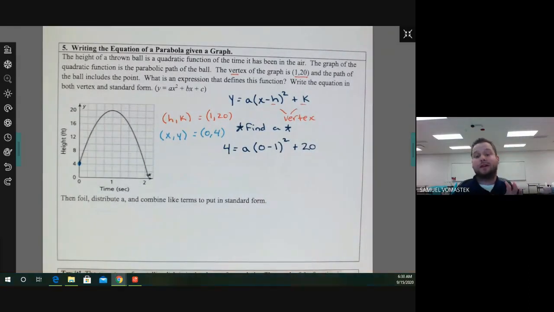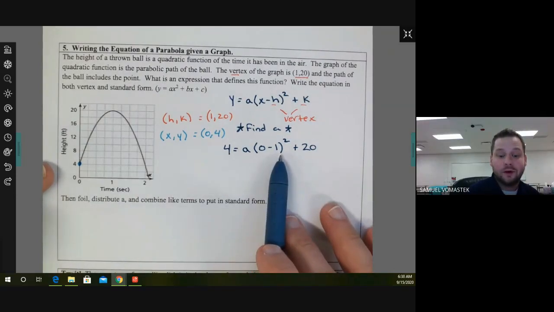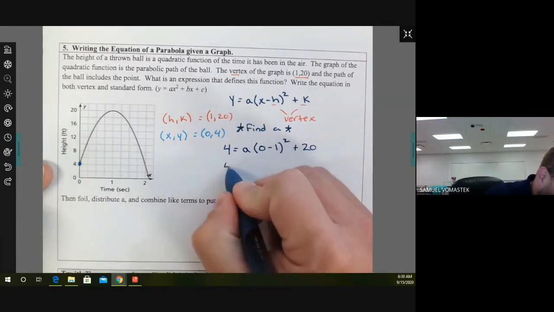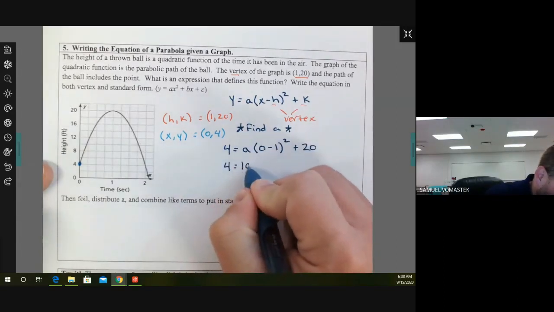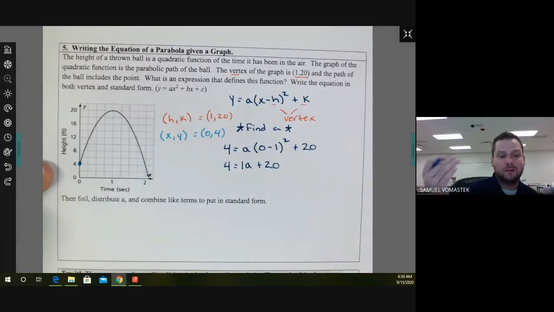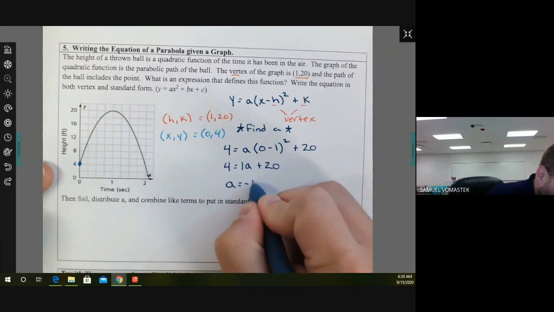So I plugged everything in except for a. Now we work our way through to figure out what a is. 0 minus 1 is negative 1. Negative 1 squared is going to give me a positive 1. So I'm left with 4 equals 1a plus 20. Take 20 away from each side, and we get a equals negative 16.